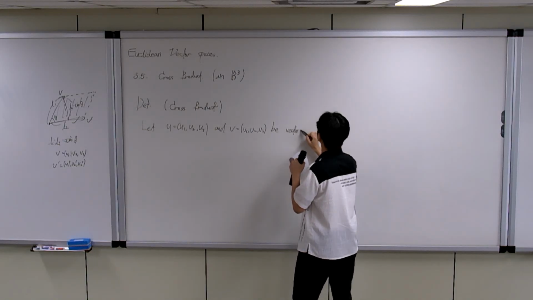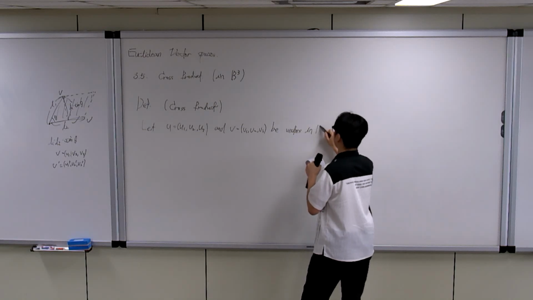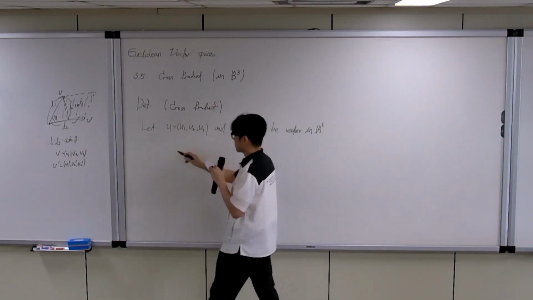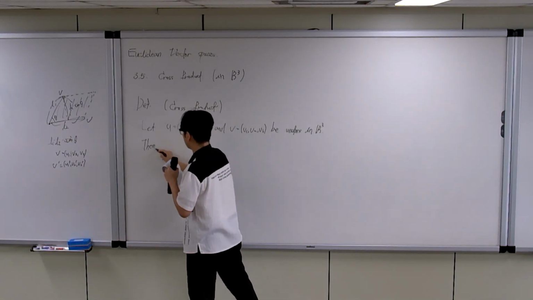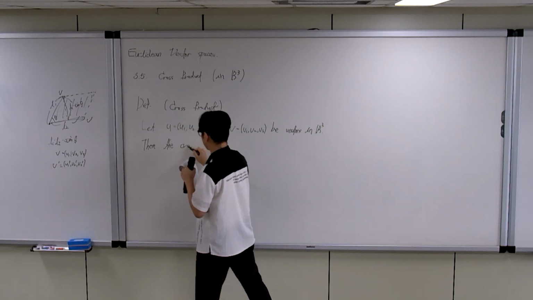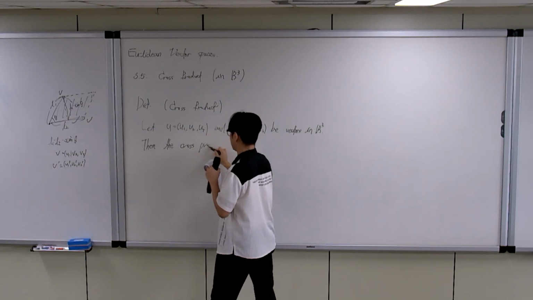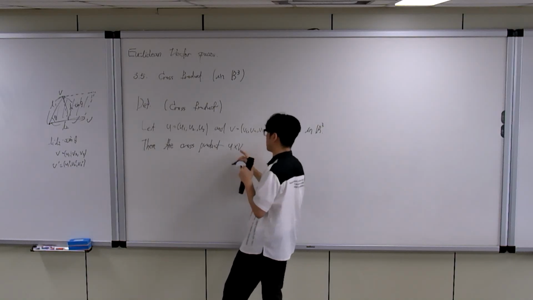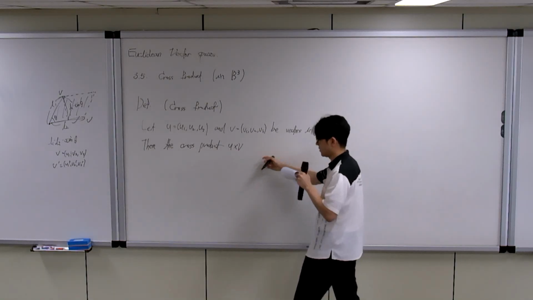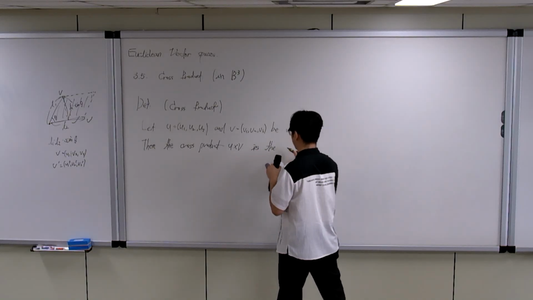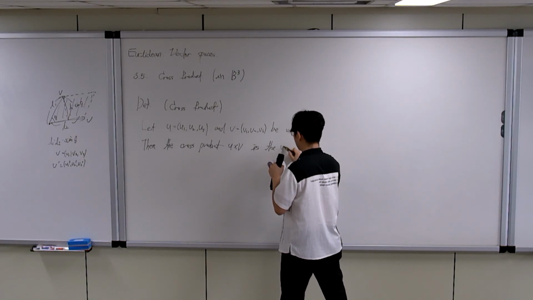Then the cross product will be denoted U times V. The result is also a vector.